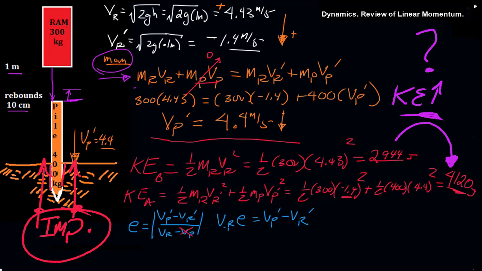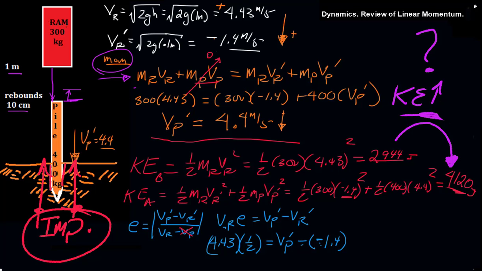If we plug in what we know, we have 4.43 times an e of about a half. Velocity of the pile after is what we're looking for, minus the velocity of the ram after. Now use parentheses here, negative 1.4. We have a negative of a negative, which is going to make those positive.